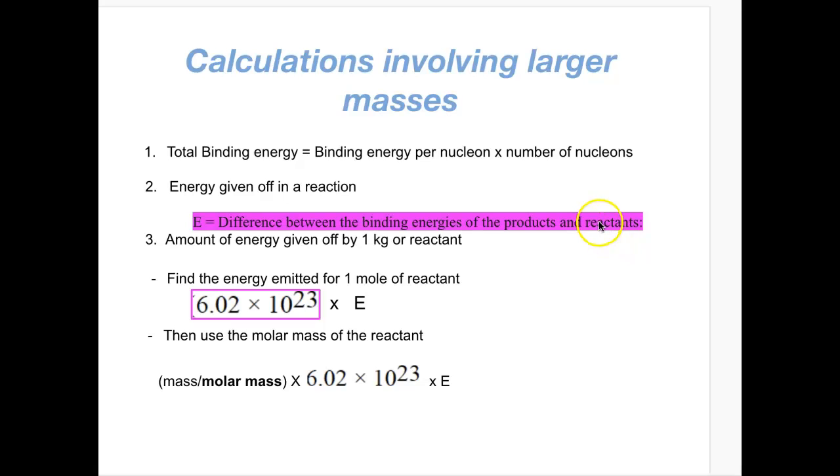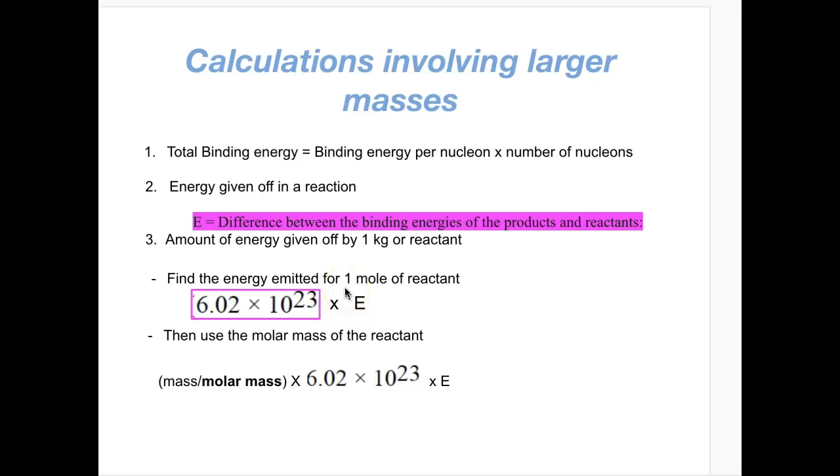For that, we need to use the idea of Avogadro's constant, the mole, and also the molar mass. To remind you, the molar mass is the mass of 1 mole of a substance. And 1 mole of a substance is 6.02 times 10 to the 23 atoms. In this case, it would be nuclei.